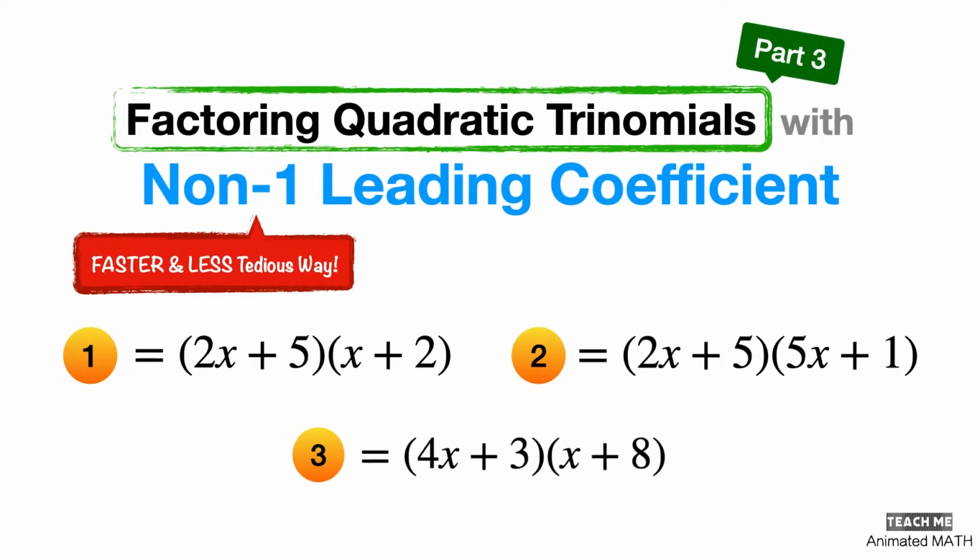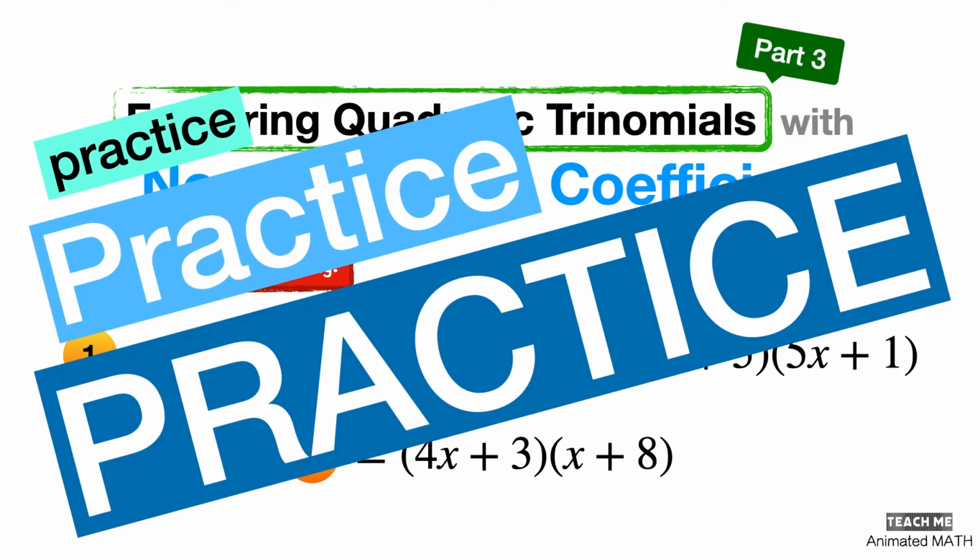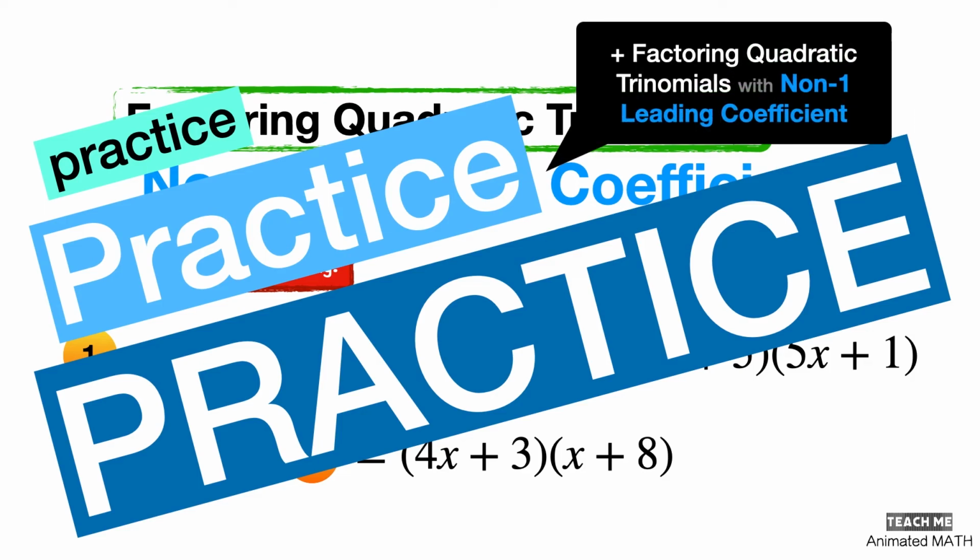I hope you learned the faster way to factor quadratic trinomials with non-1 leading coefficient in this solve-along video. Just practice, practice, practice the faster way until it becomes second nature to you.